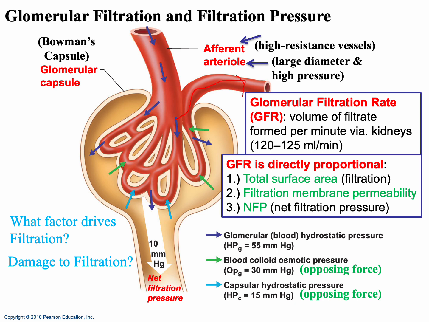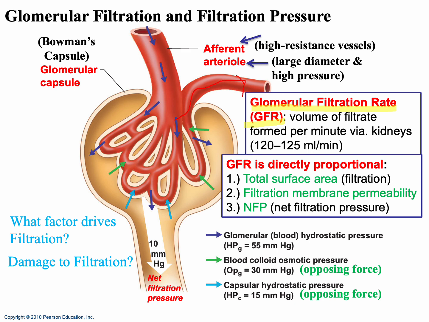All right, a very critical thing to focus on for understanding, well, how efficiently are my kidneys actually working? How well are they doing? Well, that's looking at what's known as the glomerular filtration rate, or the GFR. So the GFR is the volume of filtrate formed per minute in the kidneys.